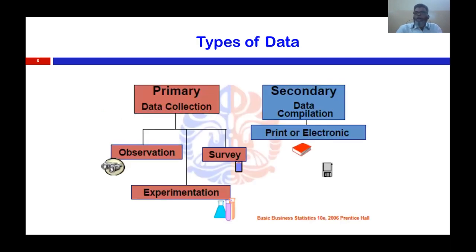Then comes the diagram for types of data. See, primary data collection, that means what? We are going to collect the data by ourselves through observations, through surveys, through experimentation, etc. Secondary data is obtained either using print or electronic media.